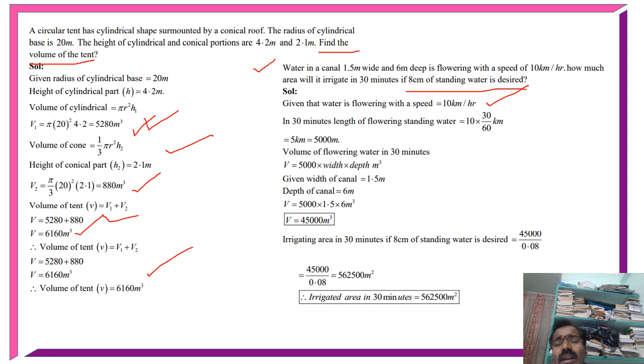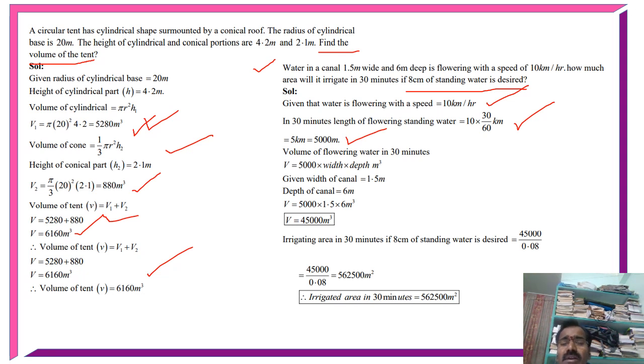Here the height of the water level is given, so volume of the cuboidal canal equals volume of the irrigated place. For 30 minutes, 10 into 30 by 60 kilometers, that is 5000 meters. So volume of flowing water in 30 minutes equals 5000 into width into depth, where width is 1.5 and depth is 6 meters. So 5000 into 1.5 into 6 equals 45,000 meter cube of water is irrigating.